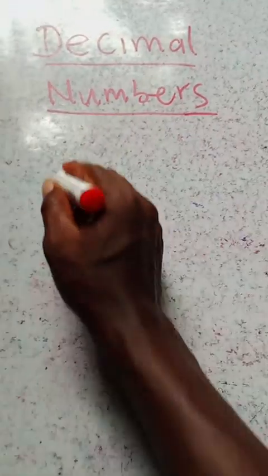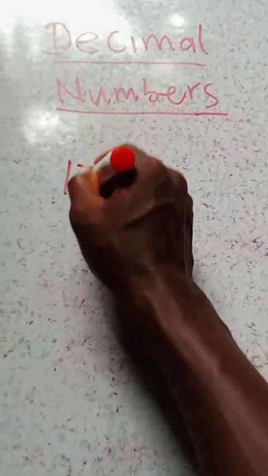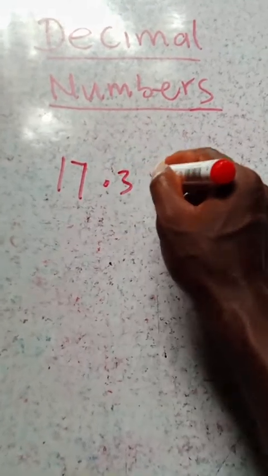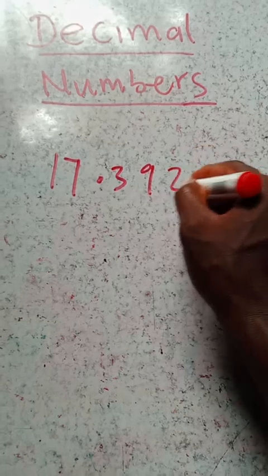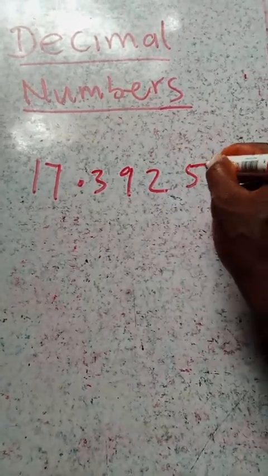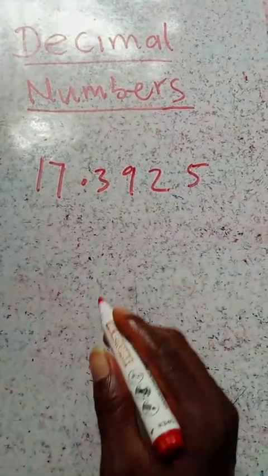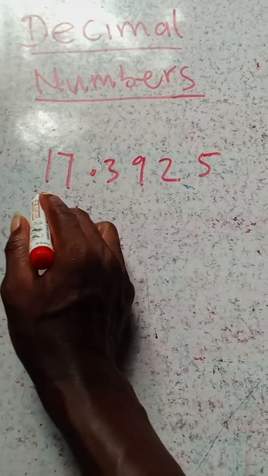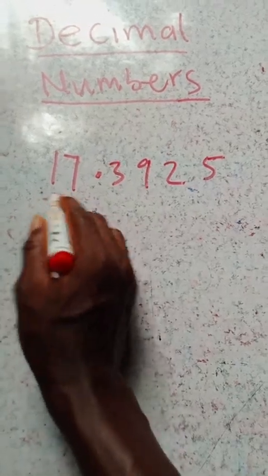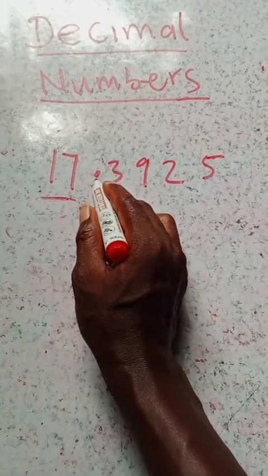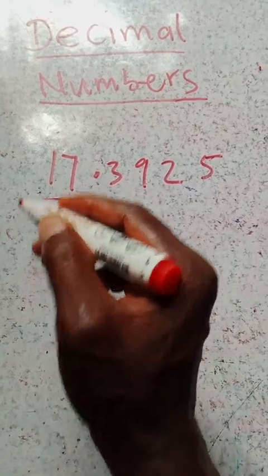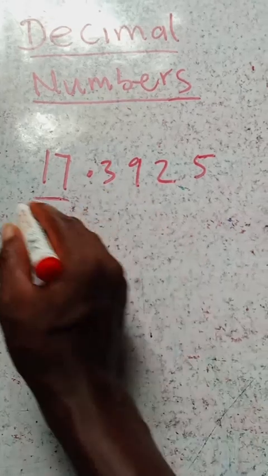For instance, if you have 17.3925 and you are asked to find the whole number, the whole number is 17, the number before the decimal point. And when you are mentioning it, you say 17.